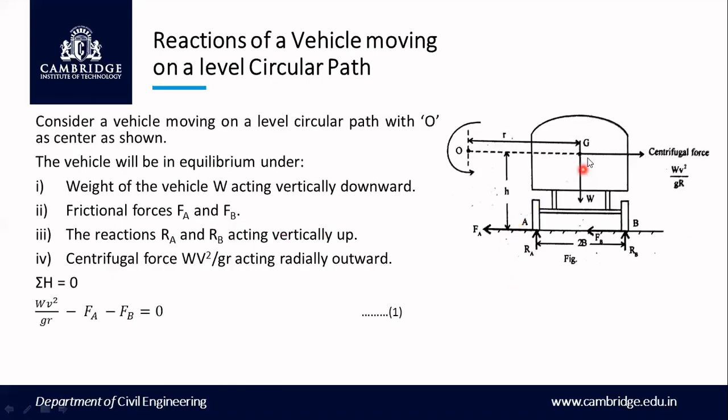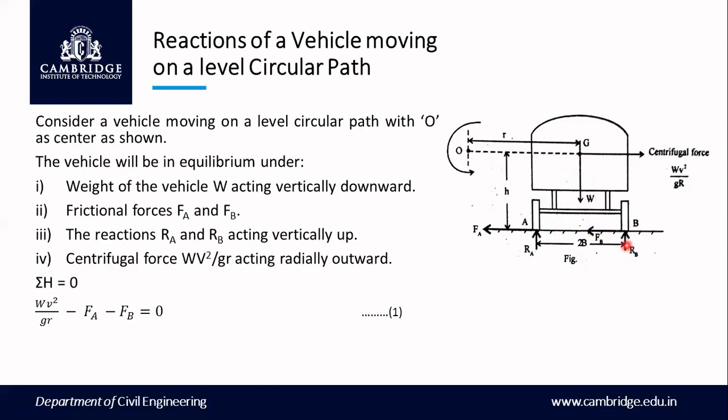And the perpendicular distance between W and A, I mean, where the weight is acting, and A. This weight will act, since we are taking it as a symmetric object, this distance will be B. So if we are taking the moment, we are taking anti-clockwise to be positive and clockwise to be negative. It is on the assumption we consider.